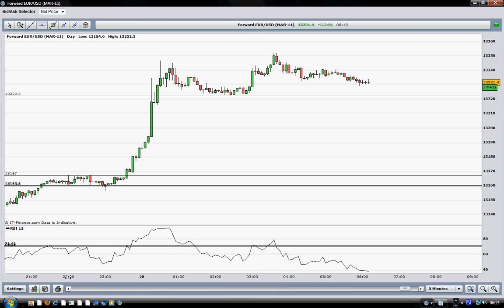But on this chart here, as you can see, there is a kind of divergence. The RSI displays this high here and displays a lower high, okay? Because the RSI displays a lower high here compared to this high here, but the price displays a higher high compared to this high here.